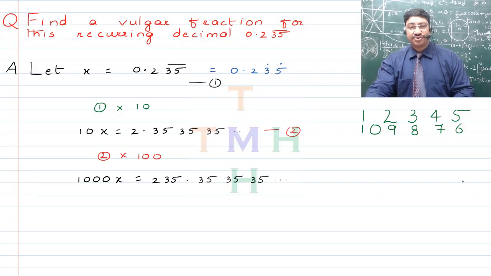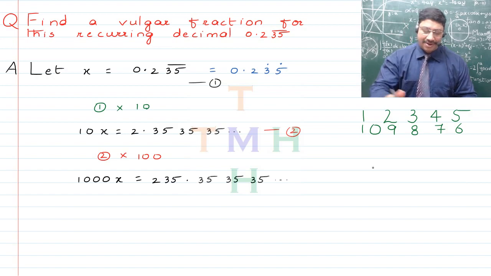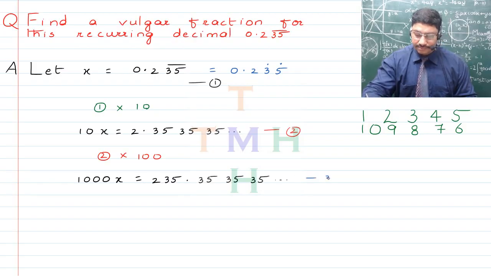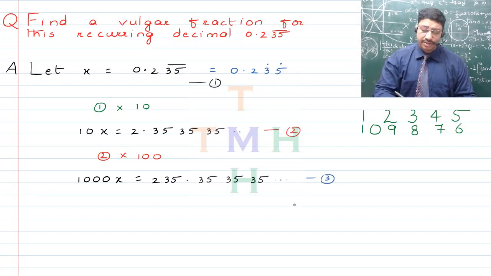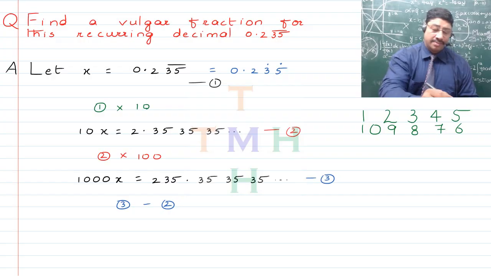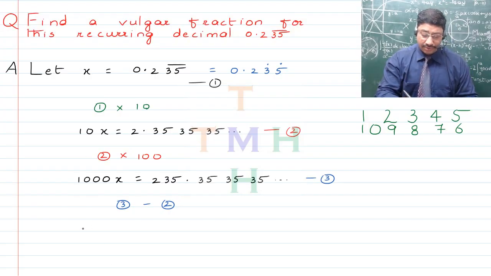I'll at least write this 3 times to show that this is some nuisance that you have to remove, right? Okay, so this, children, can now be marked as the third equation. And further, if from the third equation we subtract the second equation, then we'll be helped in finding the vulgar fraction. So on the left hand side, it's going to be 1000x, from which you subtract 10x, right?